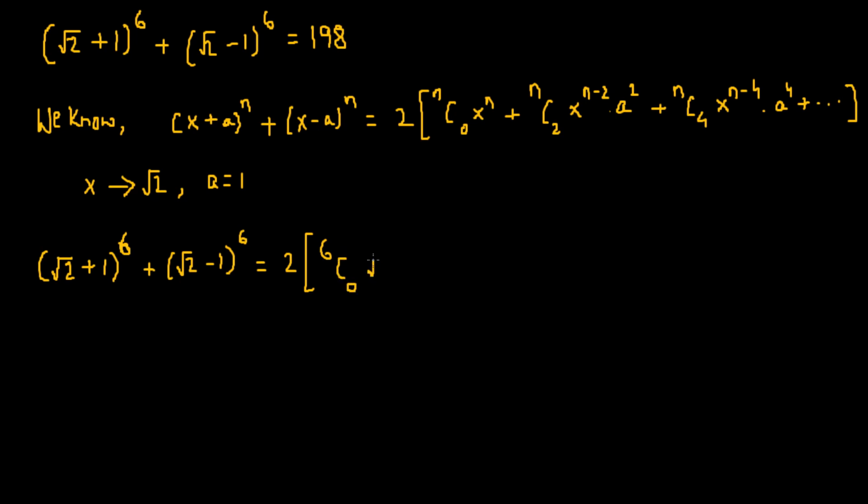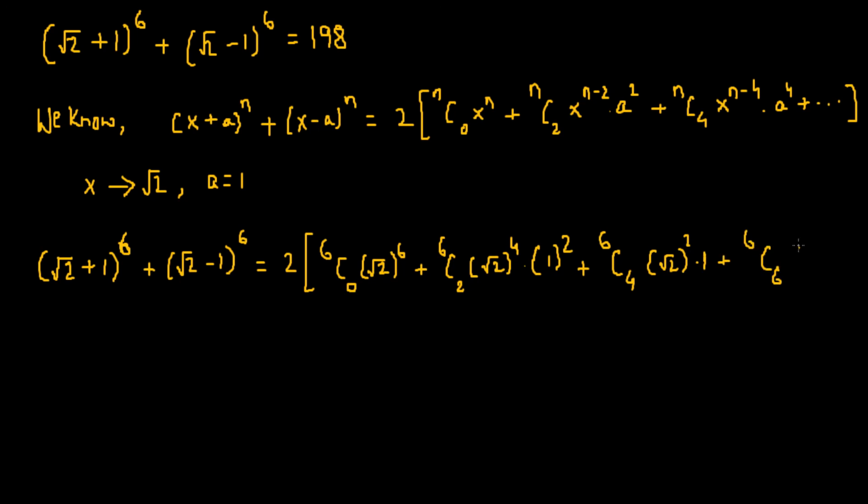So x is root 2. So root 2 to the power of 6 plus 6C2 root 2 raised to the power of 4 times 1 squared plus 6C4 root 2 squared times 1 plus 6C6 root 2 raised to the power of 0 times 1.